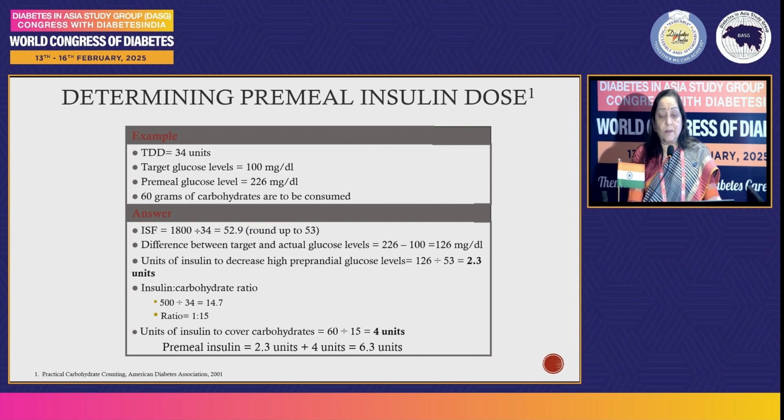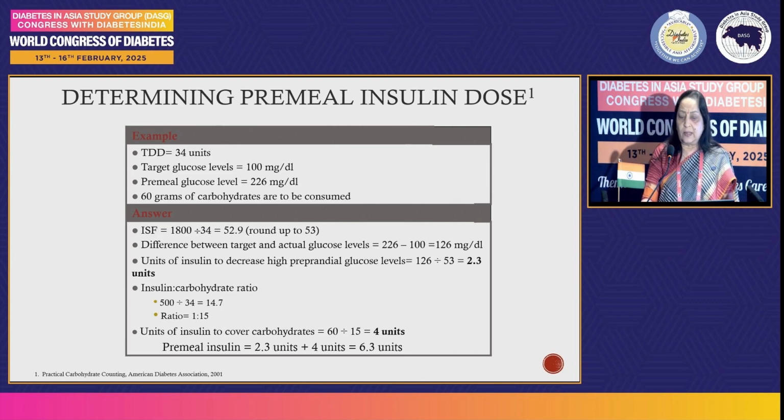The patient is going to consume 60 grams of carbohydrate. So how to calculate? The insulin sensitivity factor is equal to 1800 divided by the total daily dose, which is 53, meaning 1 unit of insulin will lower the sugar by 53 milligrams per deciliter.